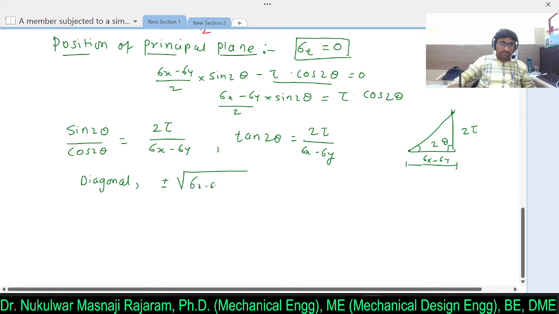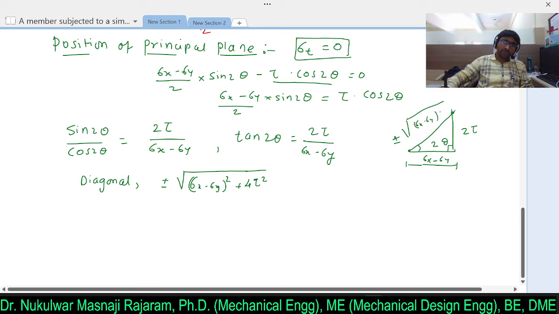So sigma x minus sigma y squared plus 2 tau squared, that is equal to 4 tau square, because 2 tau bracket square will be 4 tau square. Simple. So here I got the diagonal: plus or minus under root of sigma x minus sigma y squared plus 4 tau squared.